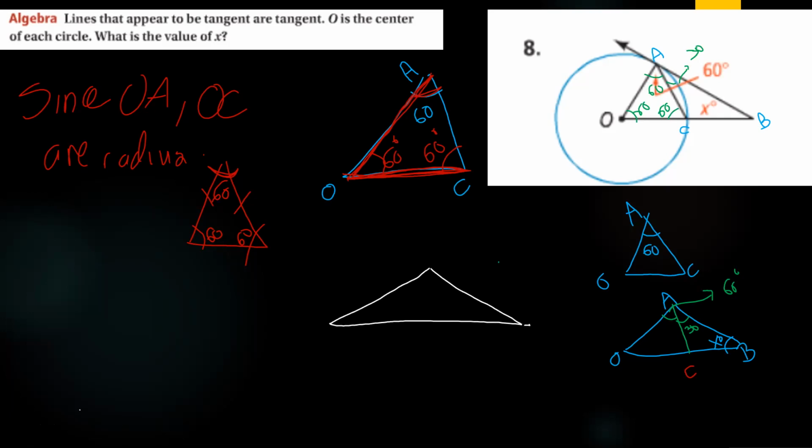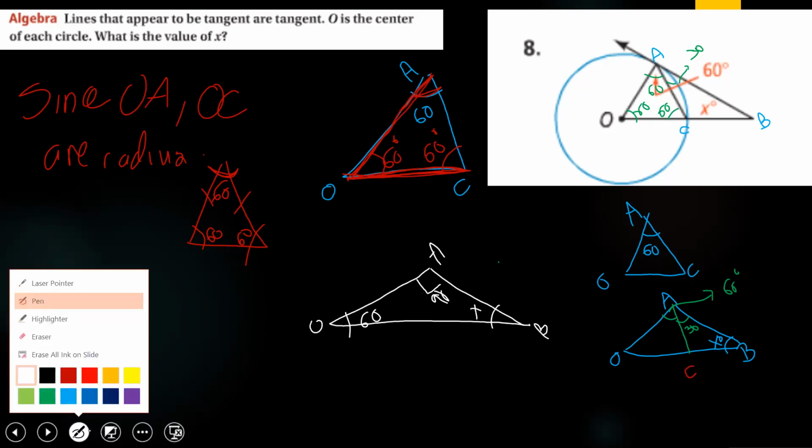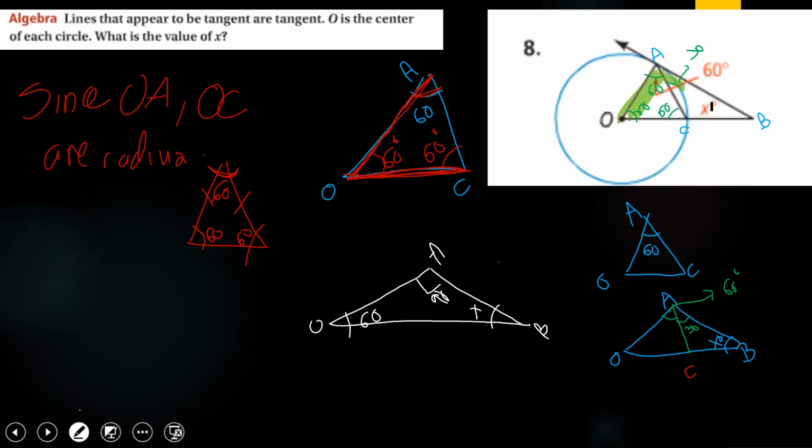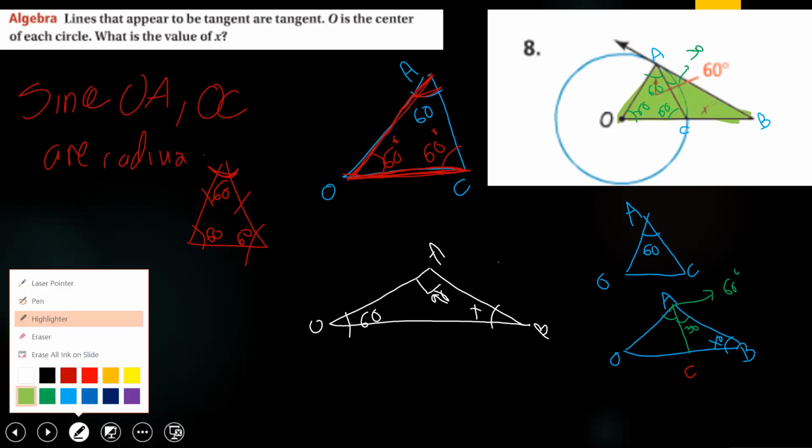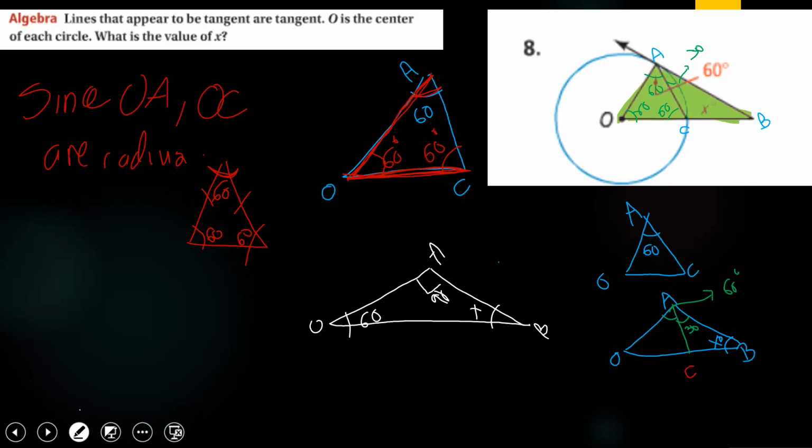In the big triangle, we have here 90, here is 60, which is O, and B here is X. I'm looking at this big triangle. So angle A is 90, angle O is 60.